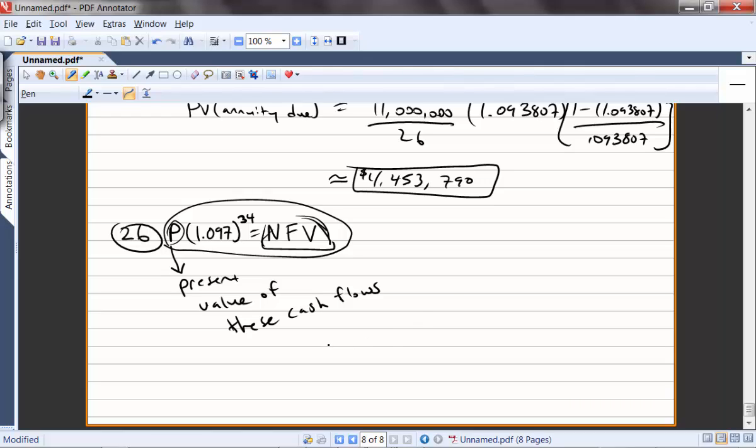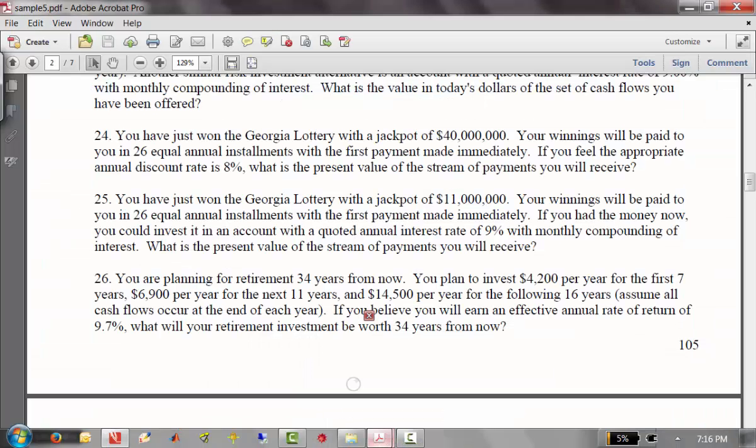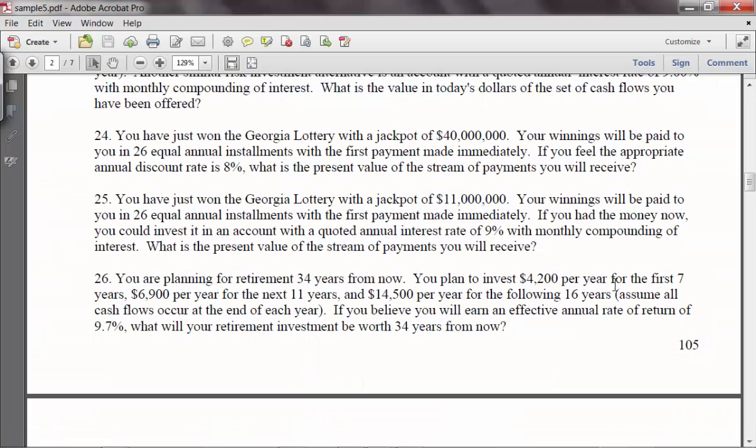So we calculate the NPV, the present value. We can do it with our calculator using the 9.7%. Cash flows happen at the end of every period, so nothing initially. And then what was it? 4,200 for 7, and 6,900 for 11, and 14,500 for 16.